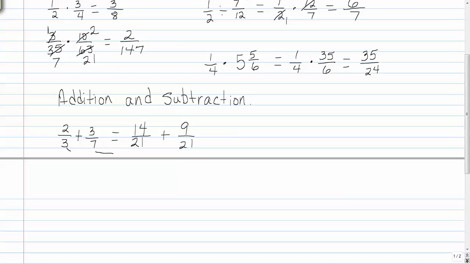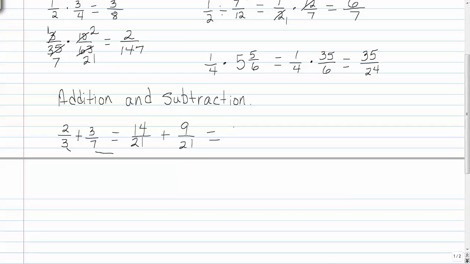So I just multiplied the same number in the numerator and denominator of each fraction so that I would have 21 on the bottom. So in this first fraction, 2/3, I multiplied the numerator and denominator by 7. And in the other fraction, 3/7, I multiplied the numerator and the denominator by 3. So then I got two equivalent fractions.